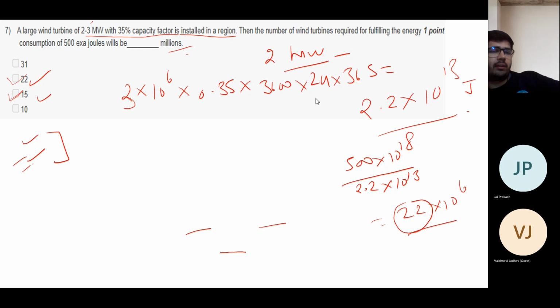When we divide, we will get 22 million. And if the power is 3 megawatt, just change the factor 2 megawatt to 3 megawatt, and the answer will be 15 million. So the correct answer is 22 and 15 million.